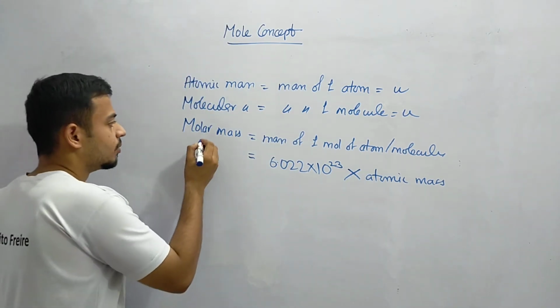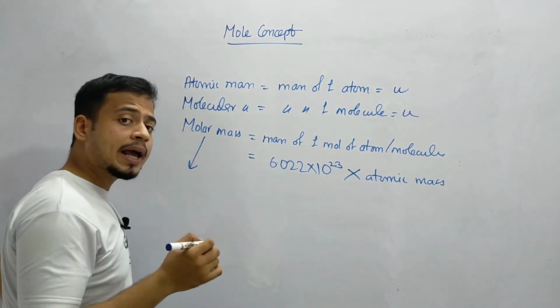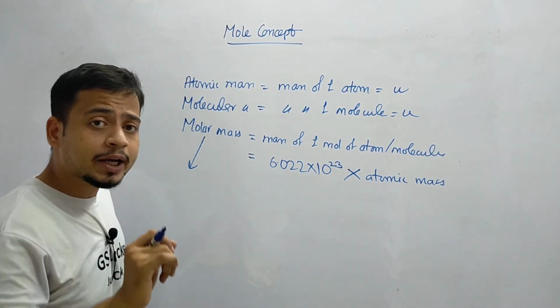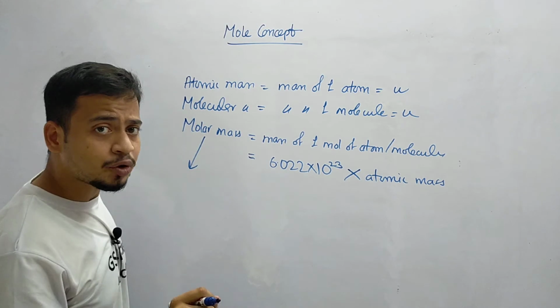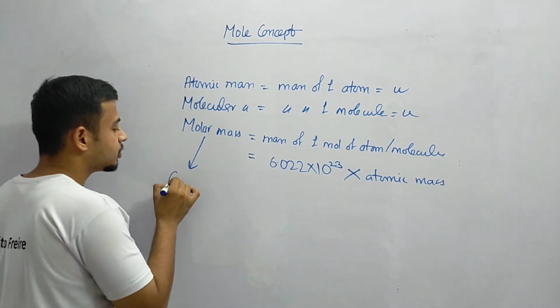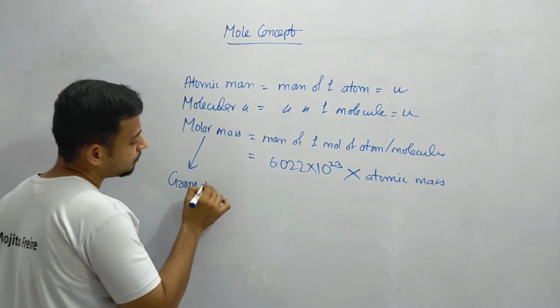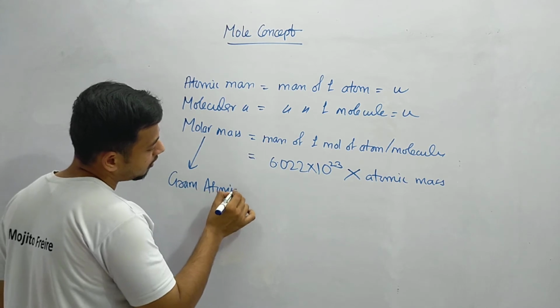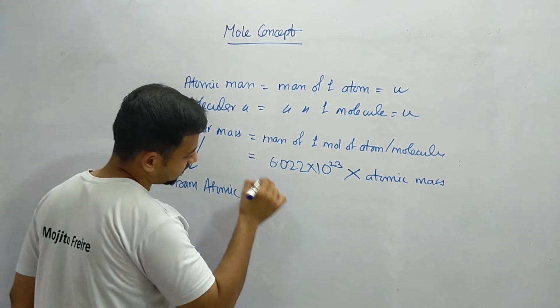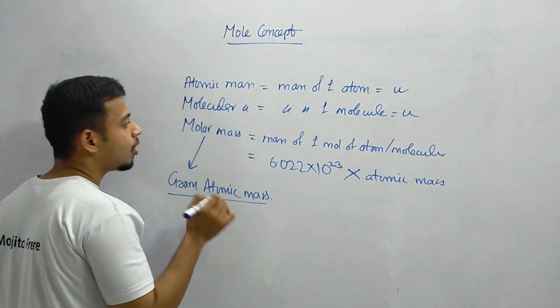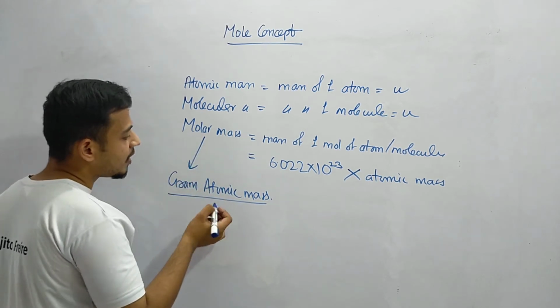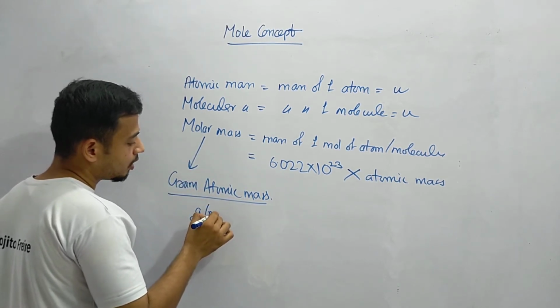Now, molar mass is also called gram atomic mass. Why so? Because the unit of molar mass is gram per mole.